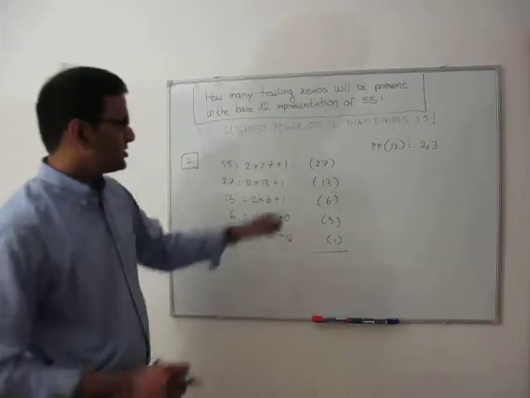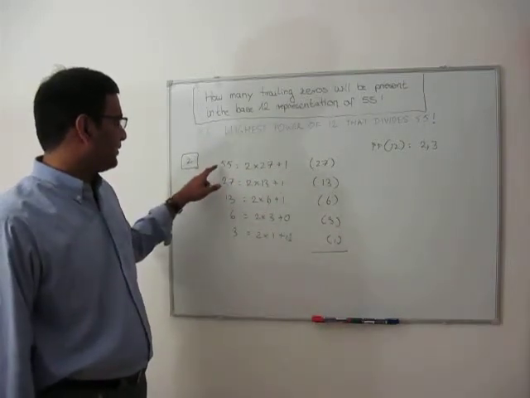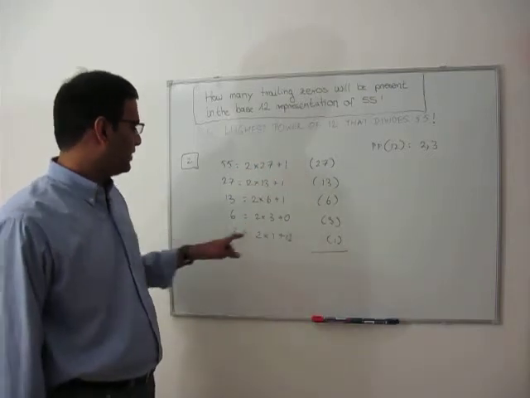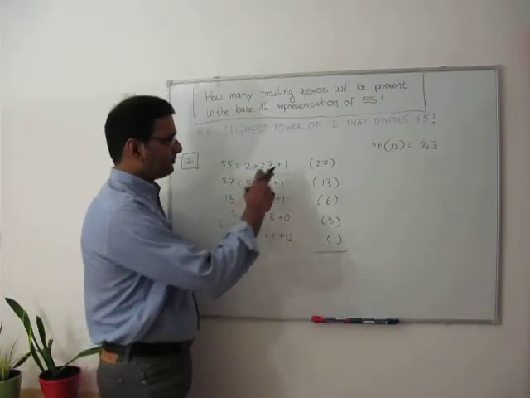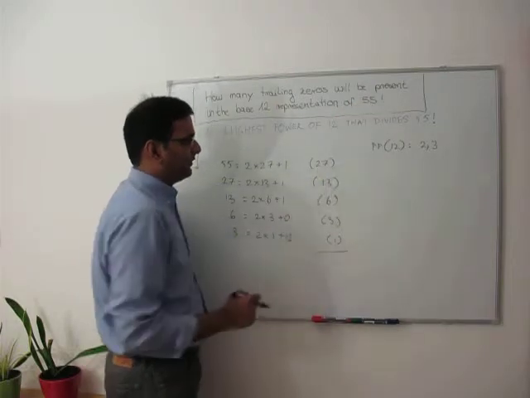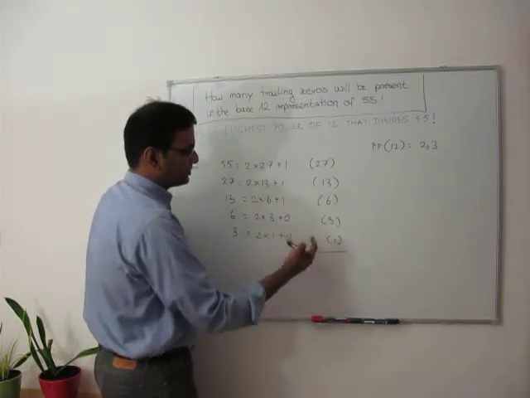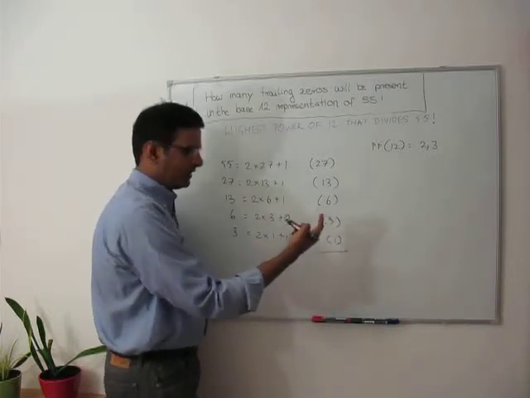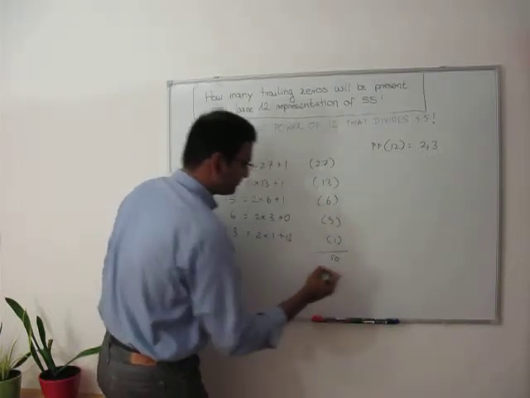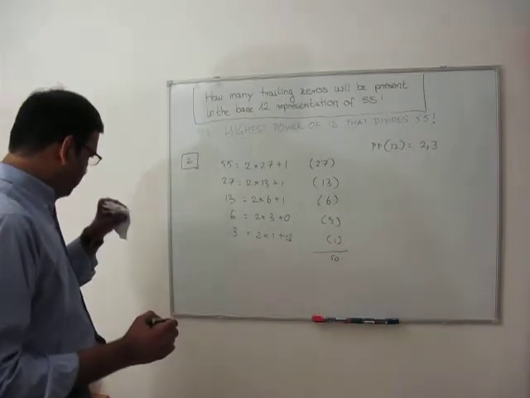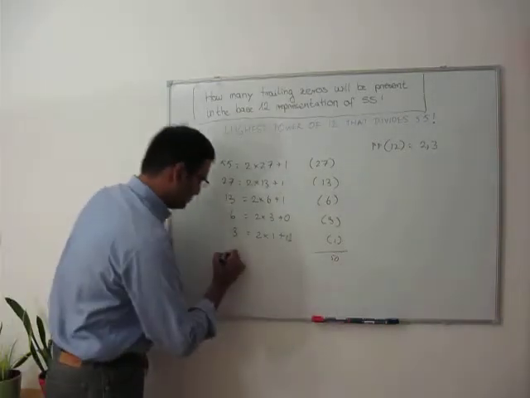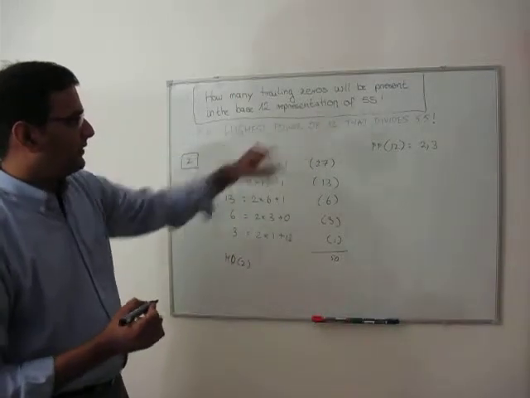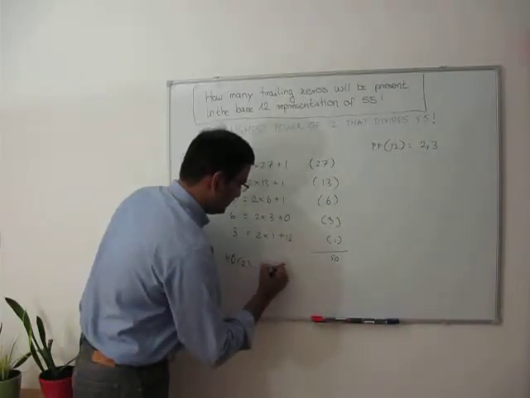We got all the quotients from successive division of 55 by 2. The highest power of 2 that would completely divide 55 factorial would be the sum of all these quotients. That would be 27 plus 13 would be 40, plus 6, 46, plus 3 is 49, plus 1, 50. The highest power of 2 that completely divides 55 factorial would be 50.